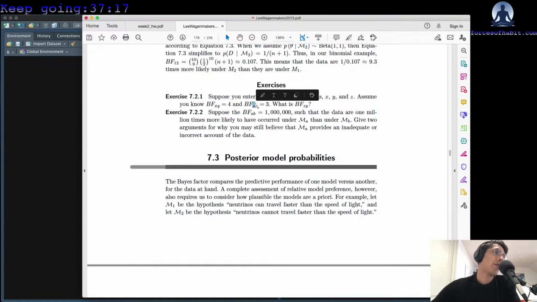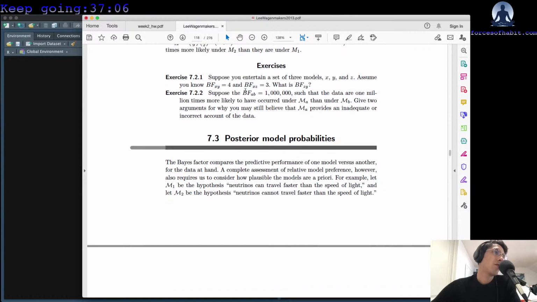So 1 over this. So then we're left with 1/3 multiplied by 4, which is 4 over 3, put together. And just like, suppose the Bayes factor is very large.